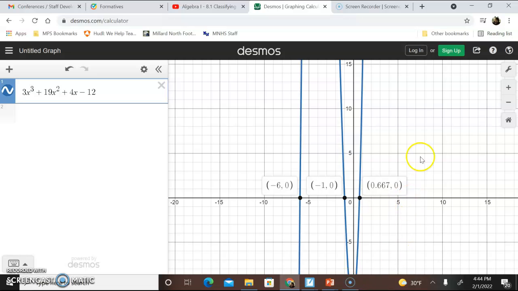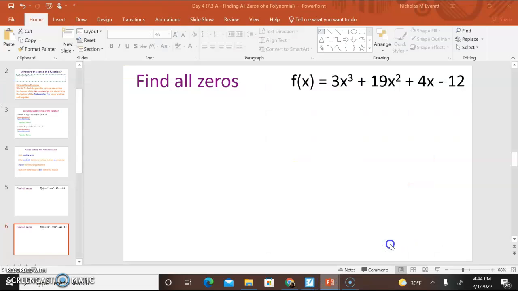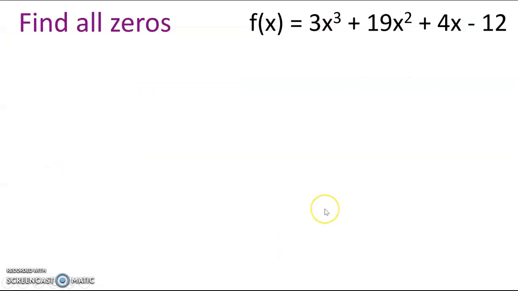We'll focus on the -6 and the -1. I unfortunately erased my list of zeros, which I'll write out again, but all of those zeros, the -6, -1, and 0.667, are actually on this list.